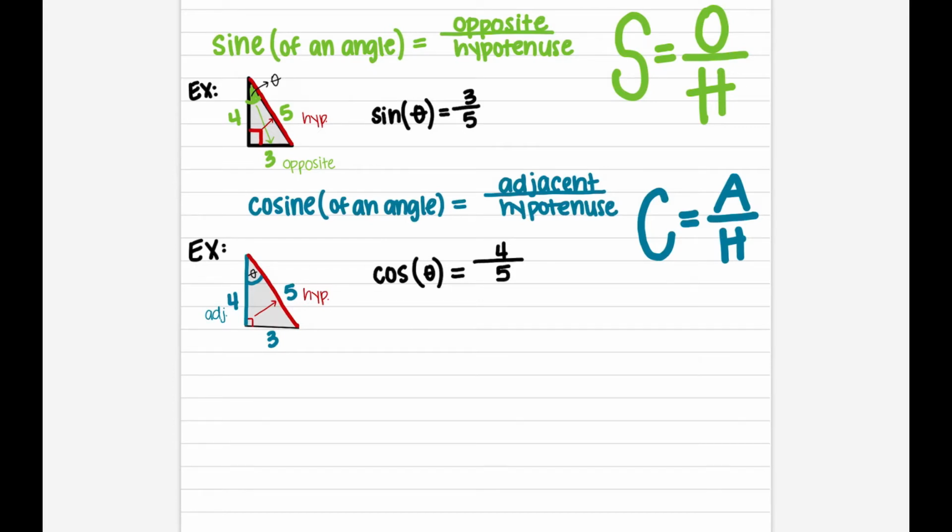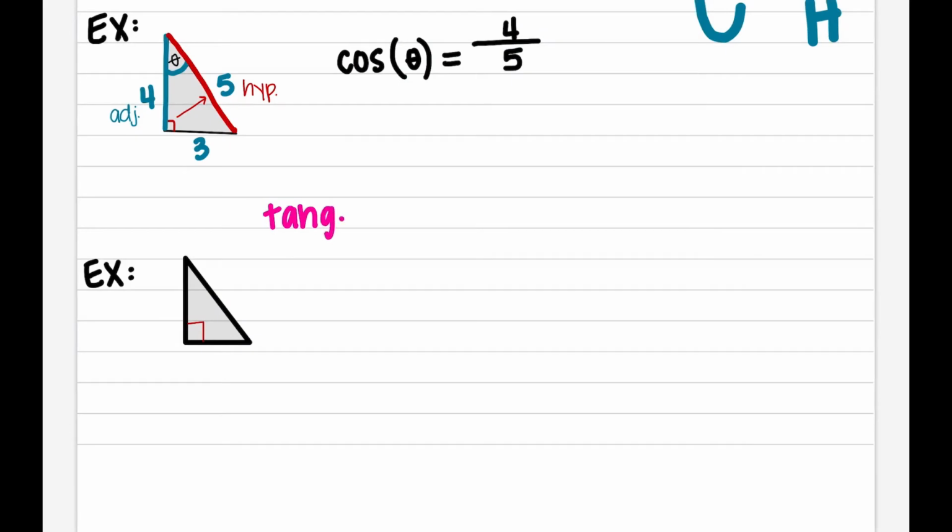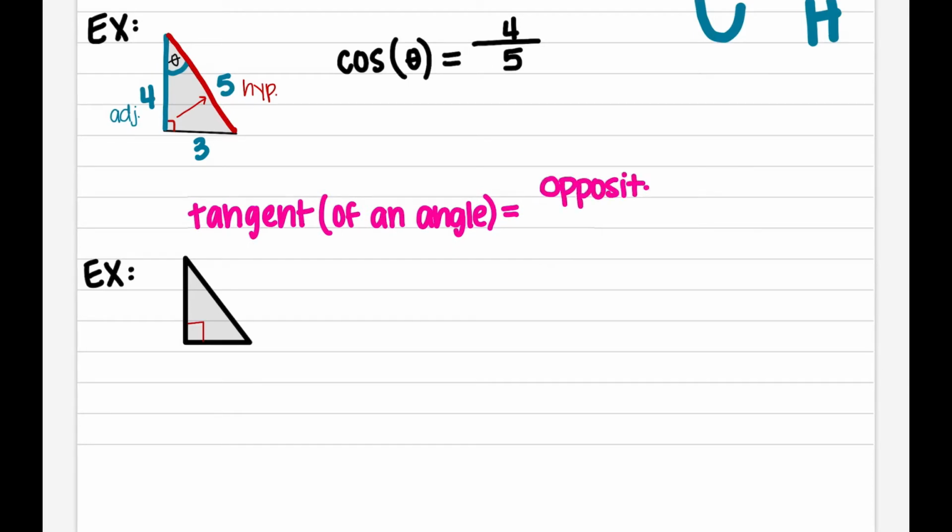So tangent is going to be that last combination, opposite and adjacent. The tangent of an angle is equal to the opposite over the adjacent.